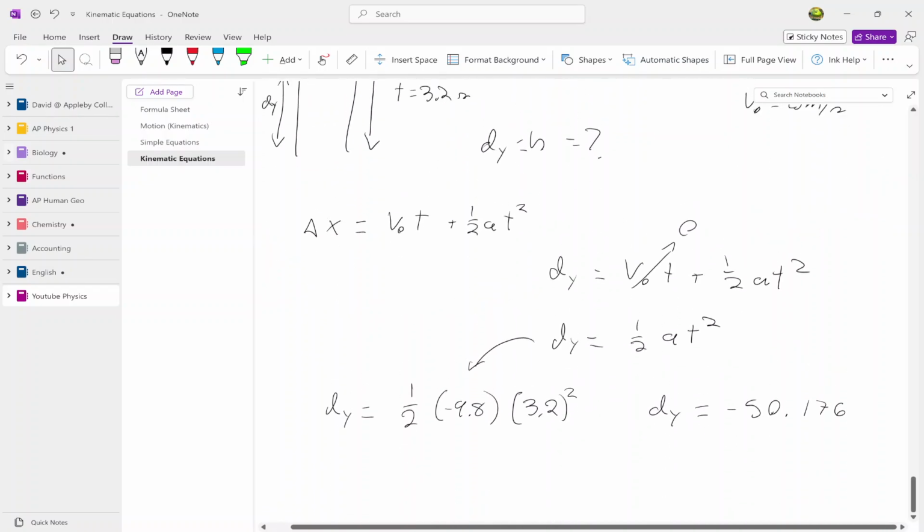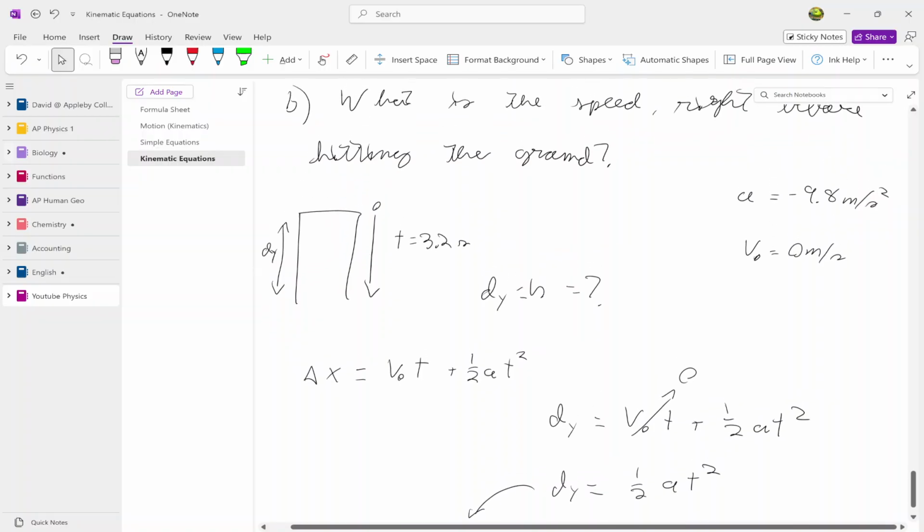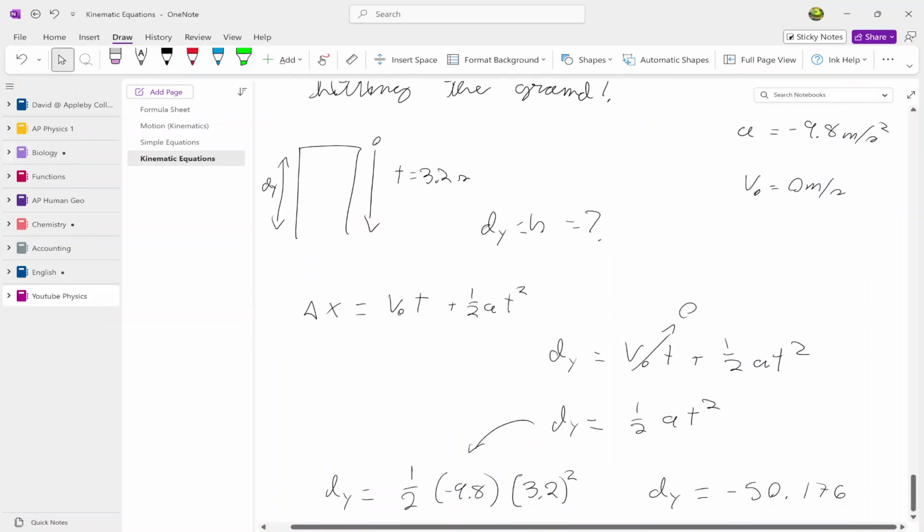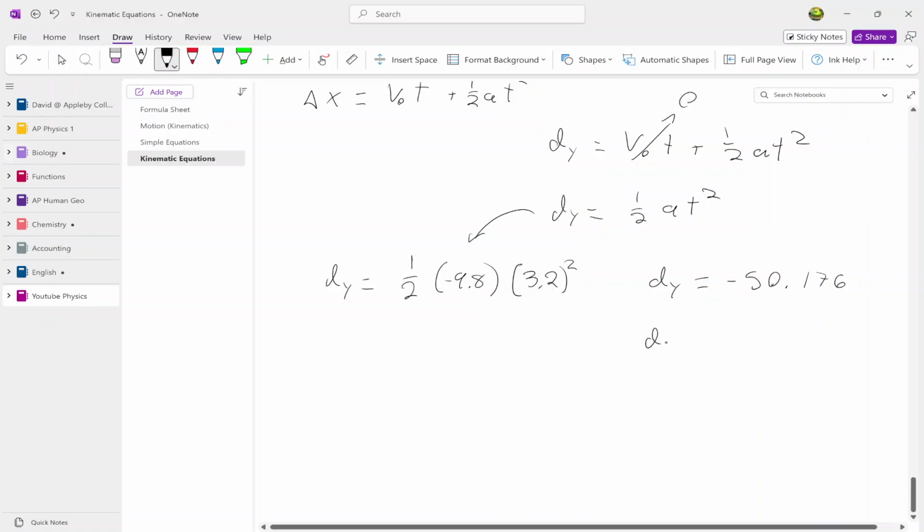Now technically in this case the acceleration would be accelerating it, so it can't be negative obviously, so it's about 50.2 meters.